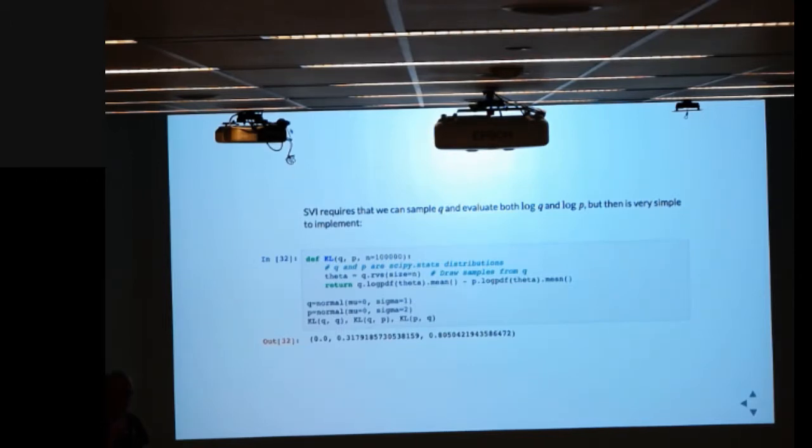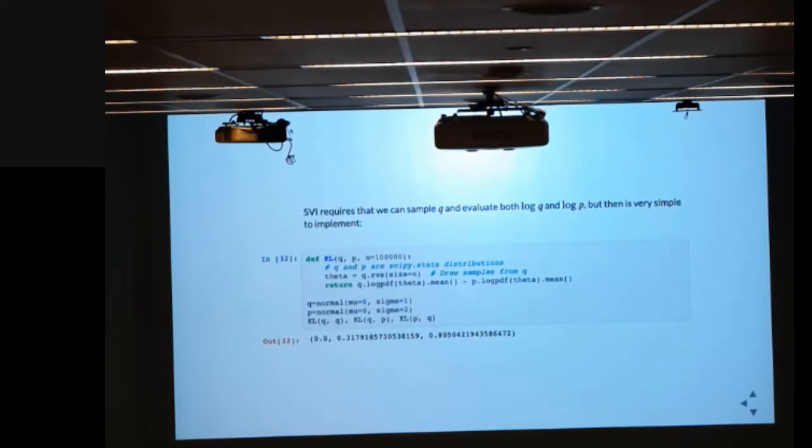I don't know what P is, right? Right. Well, what you know about P is you know how to evaluate log P. I'm going to show that in a minute. But P is the posterior, so it's the likelihood times the prior divided by the evidence. Sorry, I'm also confused by this.